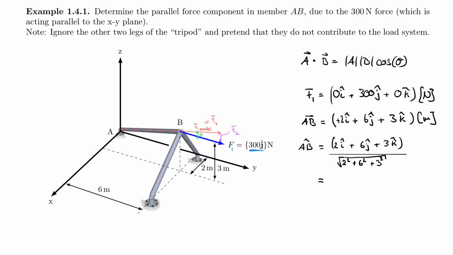And if you run the numbers, you will find that the square rooted term is actually 49, which then is 7. So we have 2 over 7 i hat plus 6 over 7 j hat plus 3 over 7 k hat. And keep in mind that here we have meters, but here we have meters as well. And so therefore our unit vector now is actually unitless.